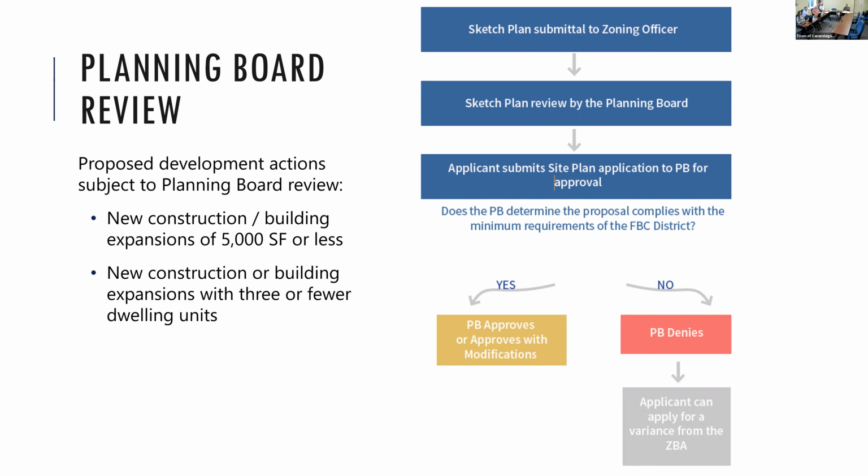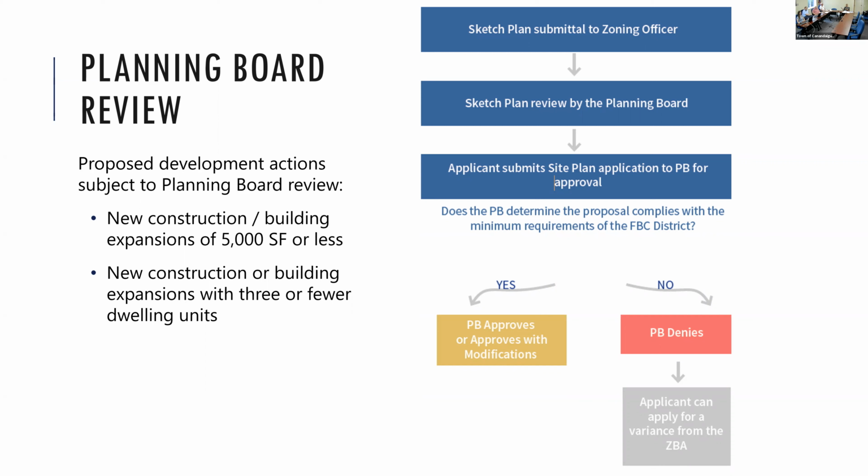Theoretically, the purpose of the form-based code is that if all of those columns are checked yes, that is approved. If any of those columns, as the planning board does their review of the site plan application, are ultimately checked no, this is not in compliance, that's when the planning board denies it and tells the applicant, you're not in compliance with this element.